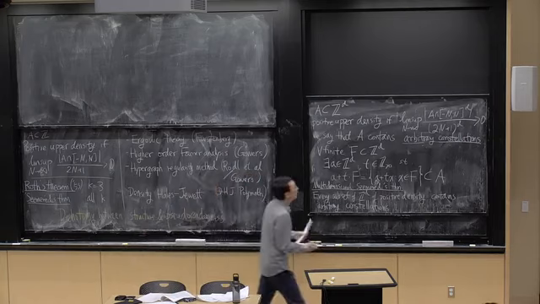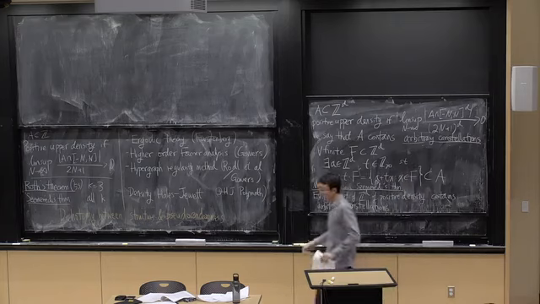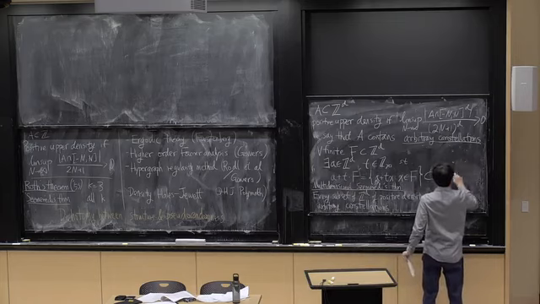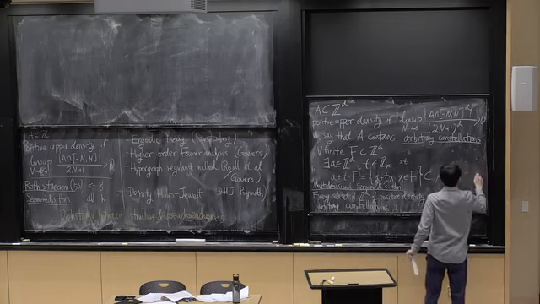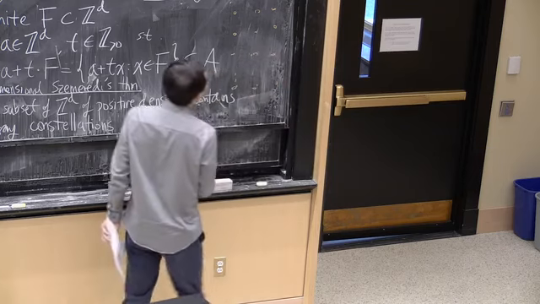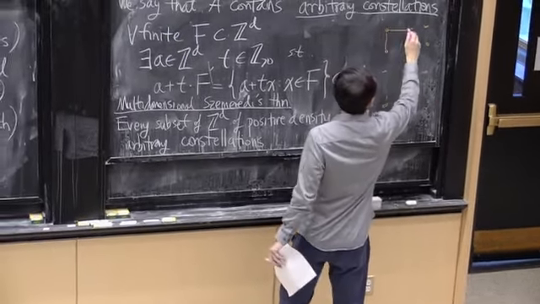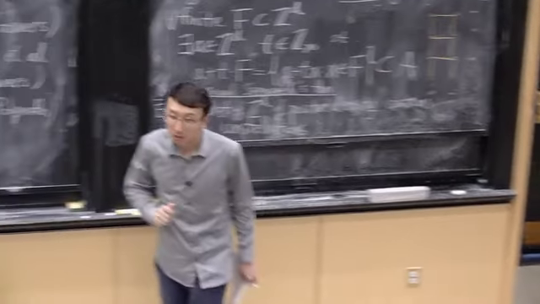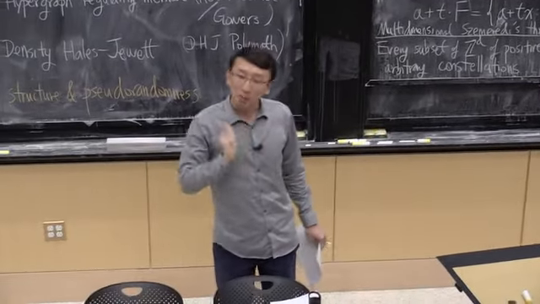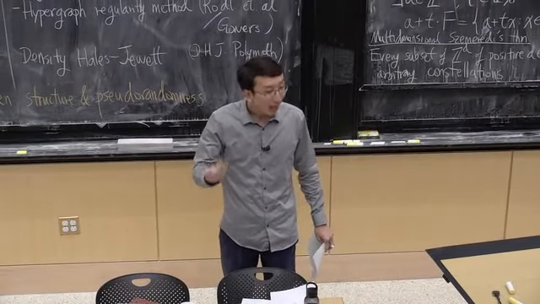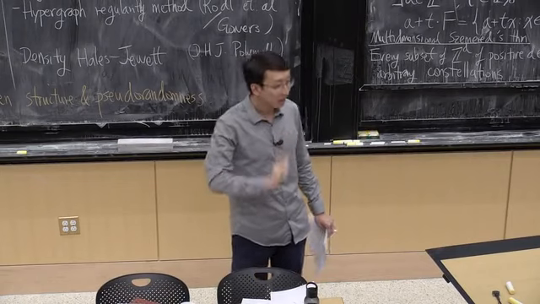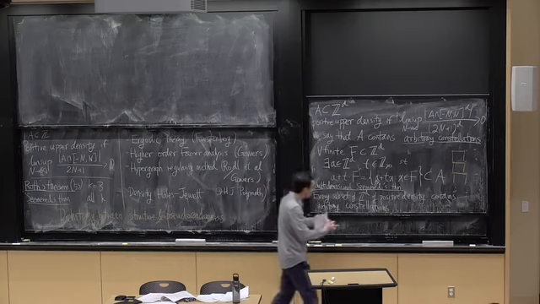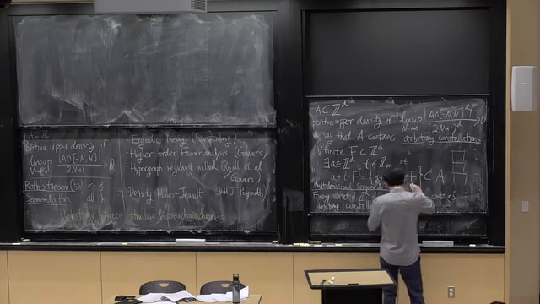Suppose I want to find a pattern which consists of something like that, a 10 by 10 square grid, where all of these lengths are equal, but I don't specify what they are, but as long as they're equal, then the theorem tells me that as long as A has positive density, then I can find such a pattern inside A. So this theorem was proved by Furstenberg and Katznelson.